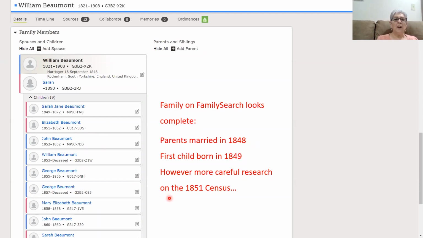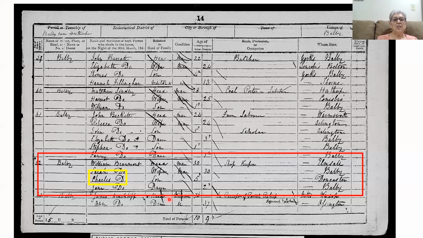However, when I checked them out on the 1851 census, I found William Beaumont and his wife Sarah, but there was a son Charles. There's Sarah Jane right there. There's a son Charles that was 5 years old, and this is in 1851.